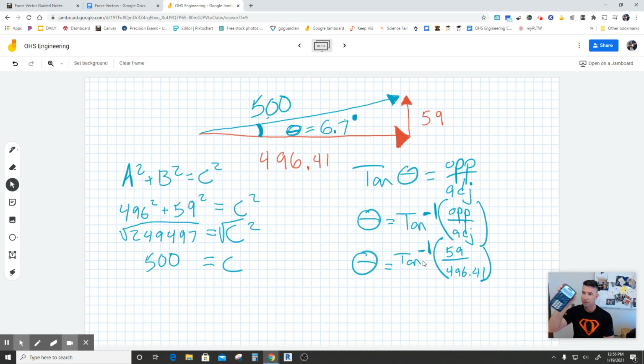On these calculators, you'll just hit the second button, and then you'll hit tangent, and you'll see inverse tangent and an open parenthesis, and then you just do 59 divided by 496. And what you end up with is about 6.7 degrees. So that was the whole point of the hook problem, to find the resultant magnitude, 500, and the resultant angle, 6.7 degrees.